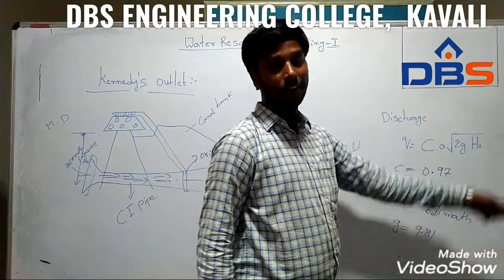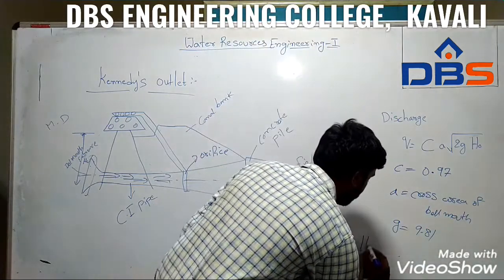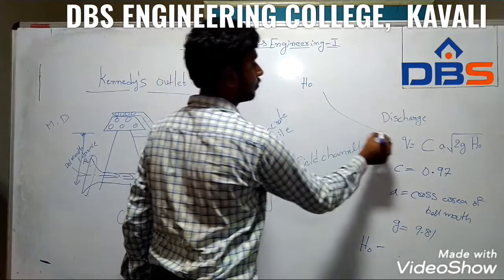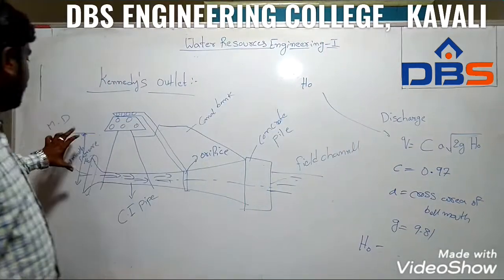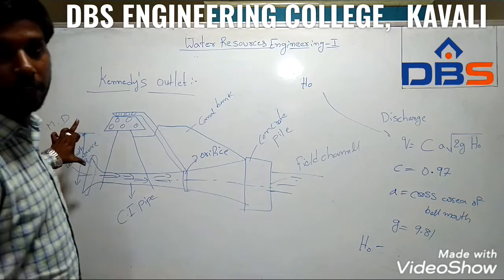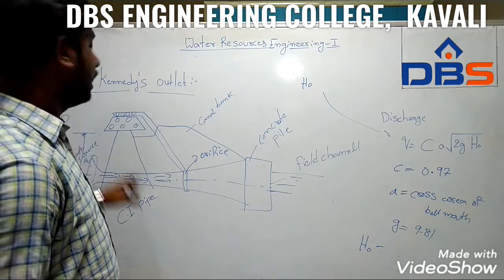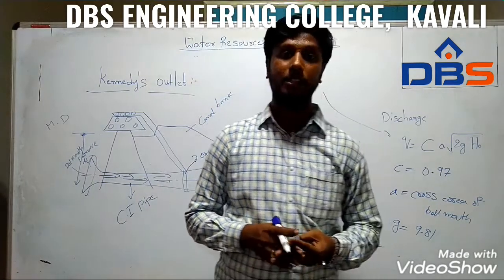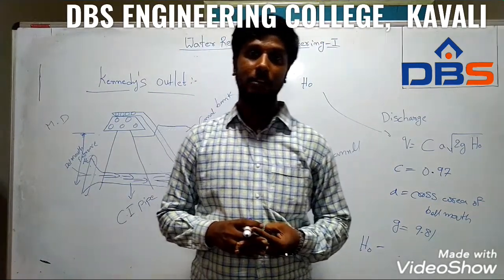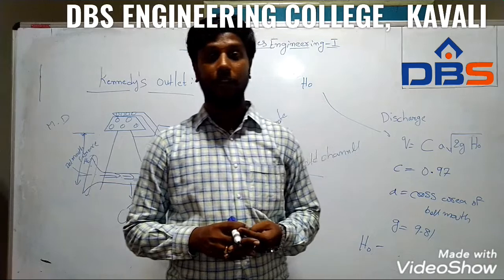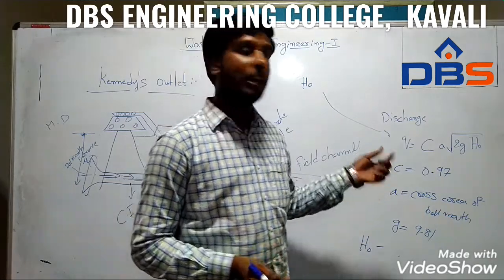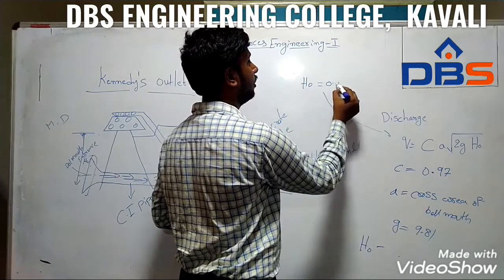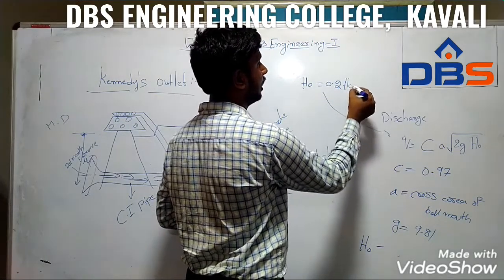And finally H0. What is H0? H0 is the head at the major distributary, the value of head at the major distributary. In the major distributary we have so many disturbances like wind, turbulence and some frictional forces. That's why generally H0 is taken as 0.2 times of H0.